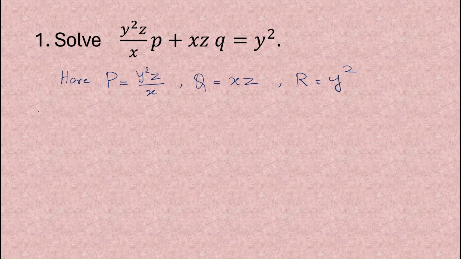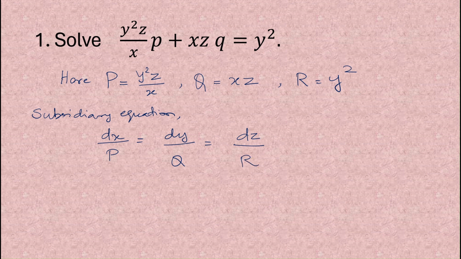Now we have to first consider the subsidiary equation. How to write the subsidiary equation: dx by capital P is equal to dy by capital Q is equal to dz by capital R. So this is called the subsidiary equation.